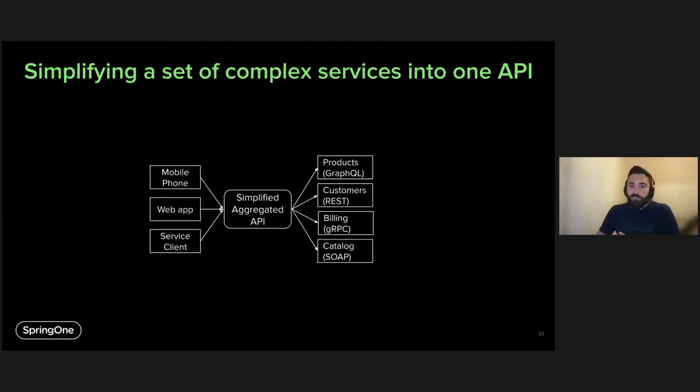So this pattern is called the general purpose API, or backend for frontend, where the backend is the API exposed by the gateway, and the frontend could be anything, maybe a set of clients. Typically, one of the ones I had done before is you have all the mobile phone version of an app talking to one of these backend for frontends, or one of these gateways, to simplify the client experience.